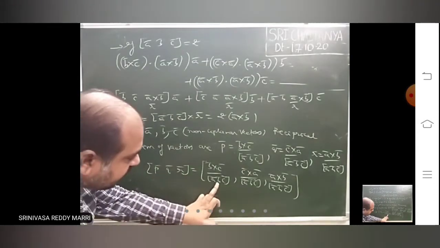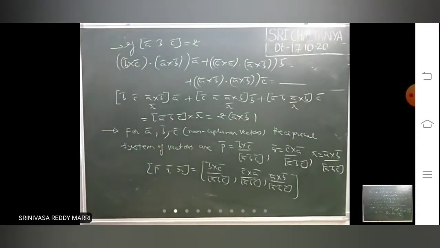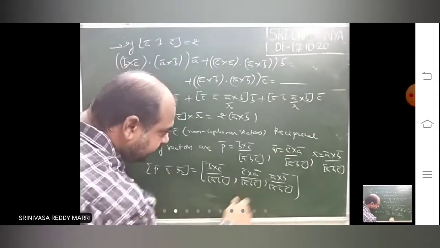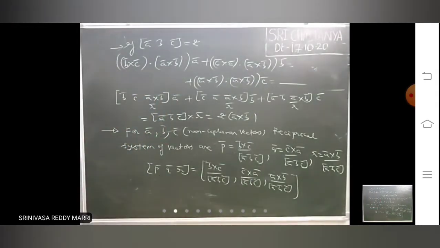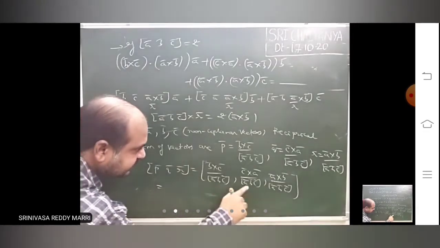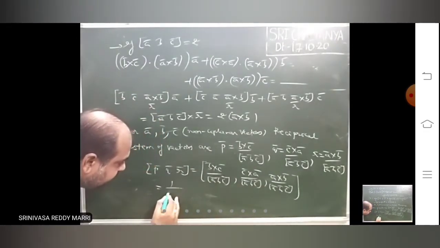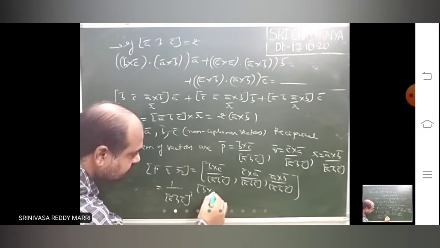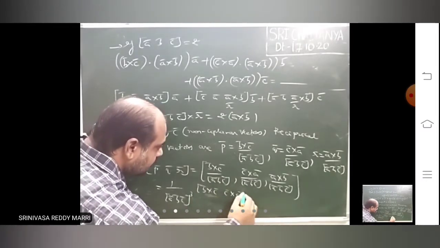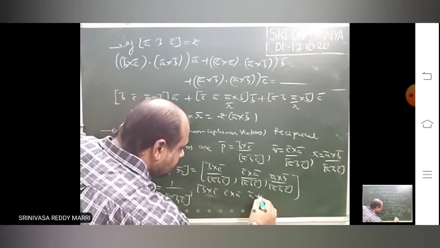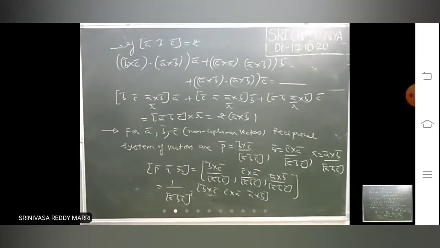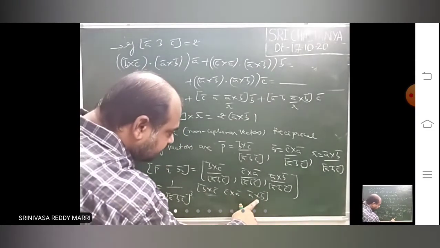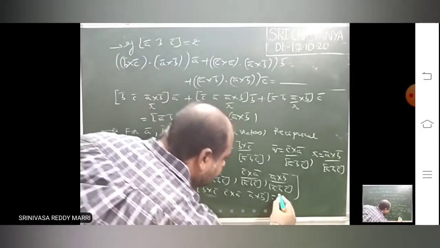Now box of ABC is scalar. Now suppose here 2, here 2, here 2 is there. You will write 1 by 2, 1 by 2, 1 by 2 outside. Like that. This is K, this is K, this is K. That means 1 by K cube outside, because this is scalar. So therefore this is the formula: 1 by box ABC whole square.